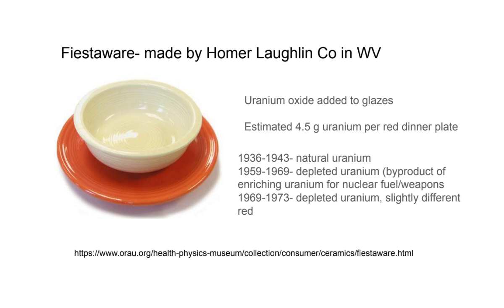There's actually 4.5 grams of uranium per dinner plate, so that's a good pile, right? This bottle was probably like 500 grams at one point. They stopped using uranium. There are other metals that are used now to make glaze, no uranium. They use iron, cadmium, copper. Yeah. Questions?